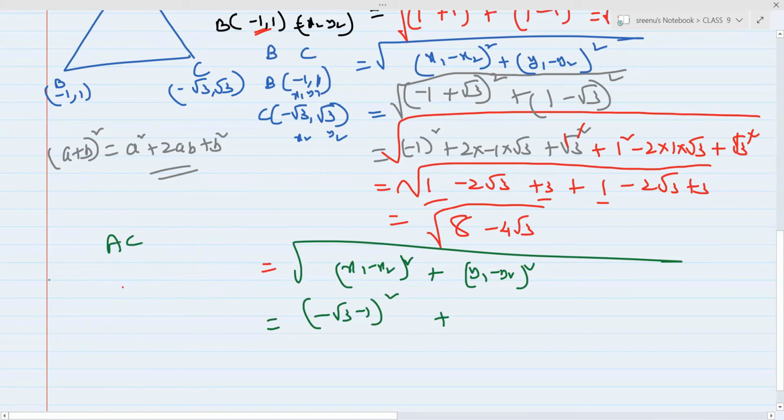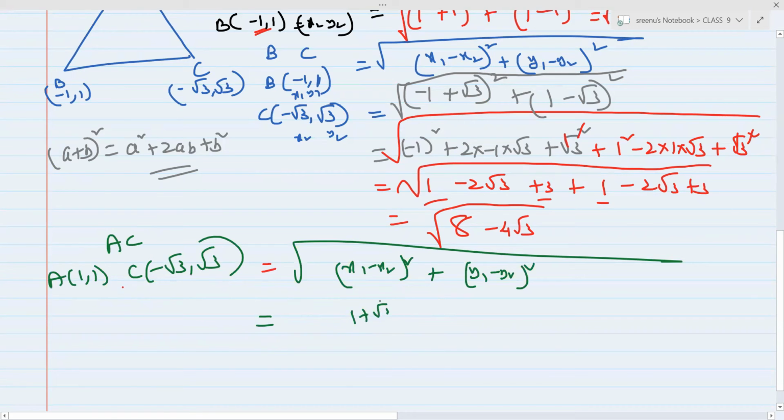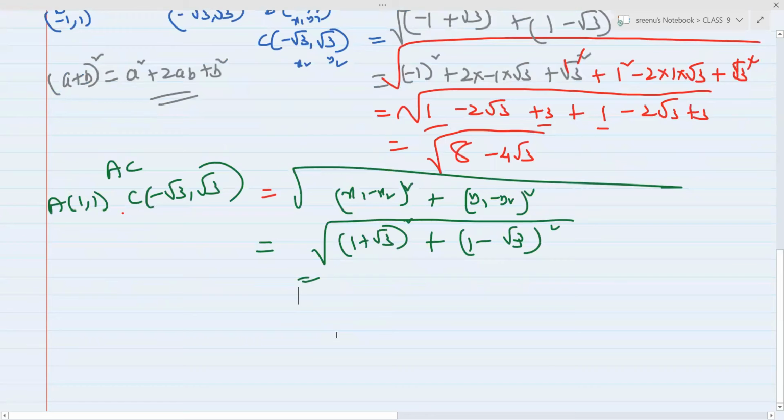Both are the same, no problem, because all are coming minus minus. Anything we can take, no issues. So (1 plus √3) whole square plus (1 minus √3) whole square. You will get the same answer as above: a square plus 2ab plus b square, a square minus 2ab plus b square.